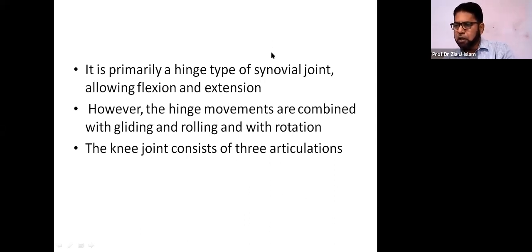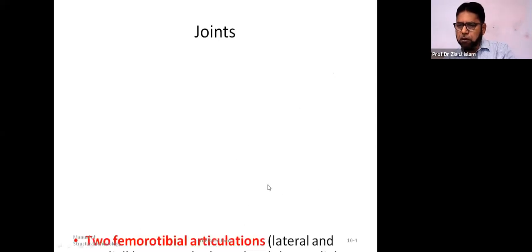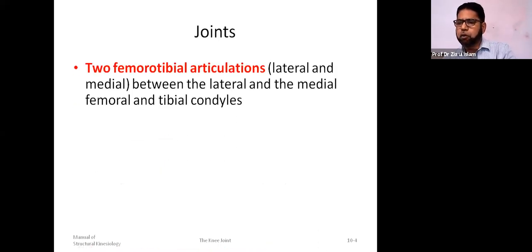मगर इनमें एक जो है that is more extensive, more participating, provides more movement. So these are three. Number one is two femorotibial articulations. जो आपने कहा, two femorotibial articulations, और एक medial और एक lateral.